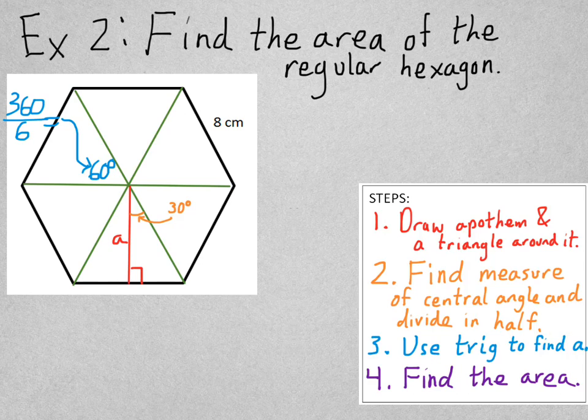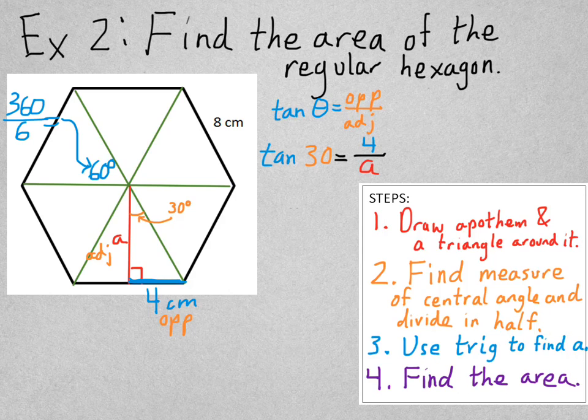Okay, then I'll need to use trig to find A. So half of the 8 centimeter side is 4 centimeters. So the 4 centimeters being the opposite and the apothem the adjacent, again my choice is tangent. So I have tangent of 30 equals 4 over A. Tangent of 30 is 0.577.